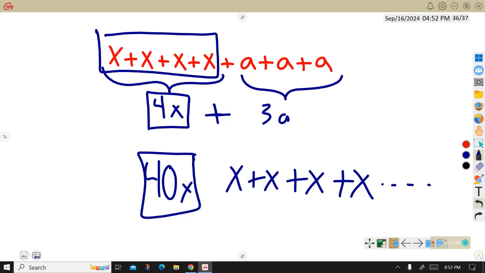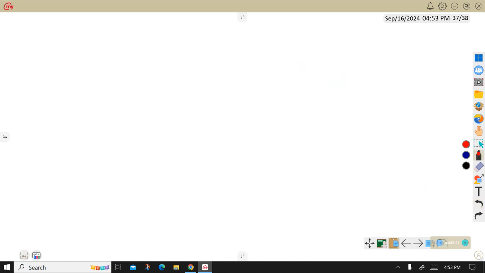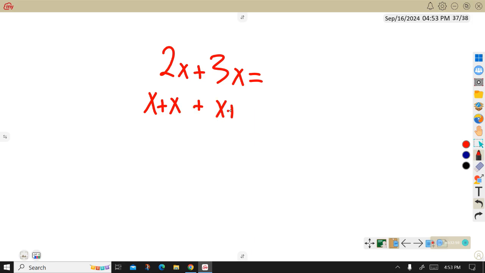So this is why we have coefficients, and this is why we simplify things, because it would be too much to write in a lot of cases. So make sure we understand that. We're only going to be able to combine things with each other if they're the same kind of thing. So if I say 2x plus 3x, we can understand, well, 2x means x plus x. And 3x means x plus x plus x, right?